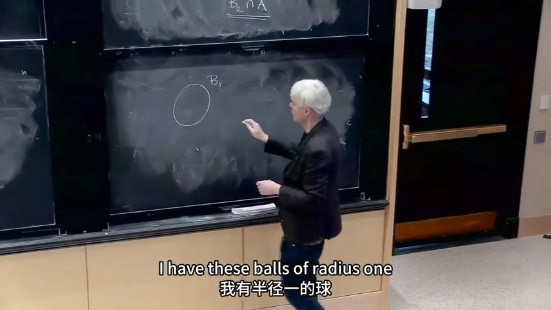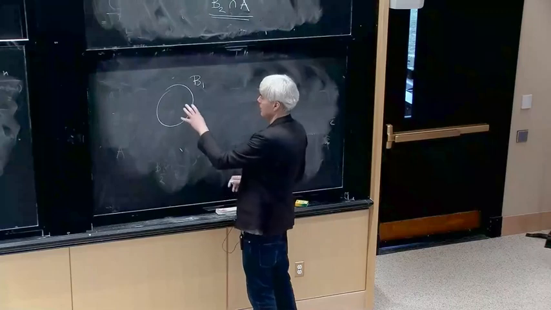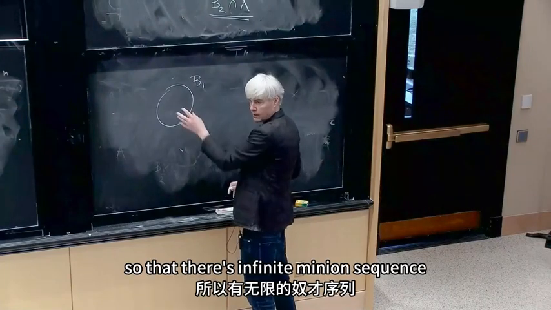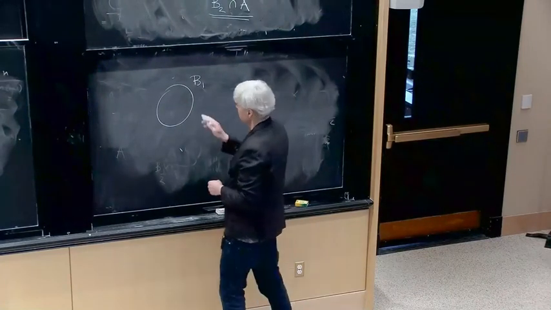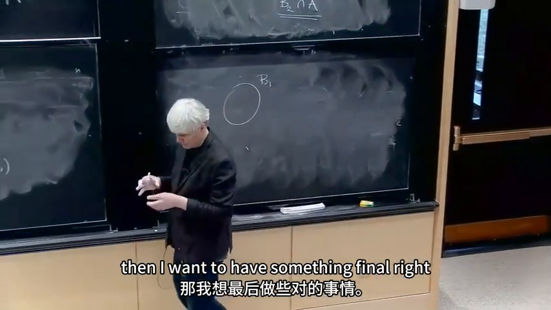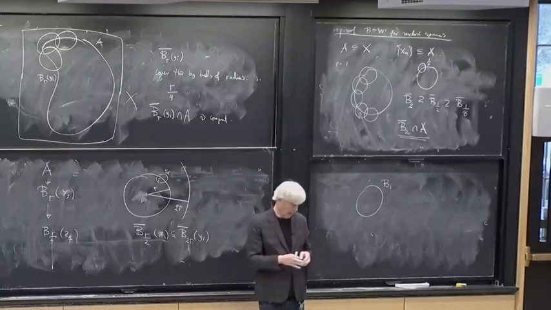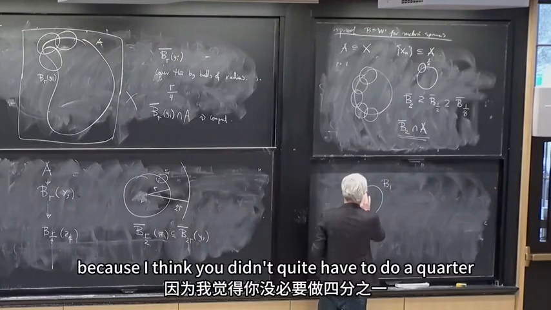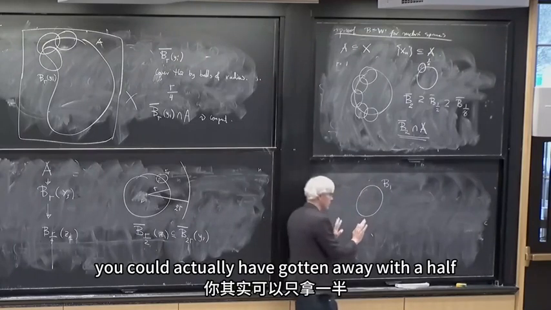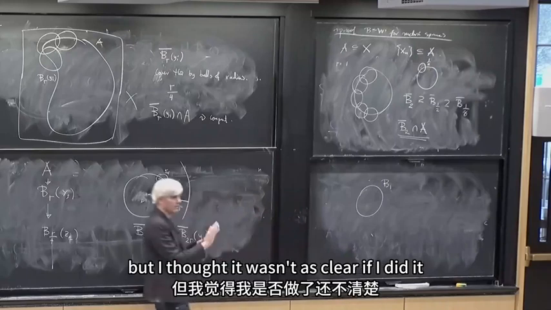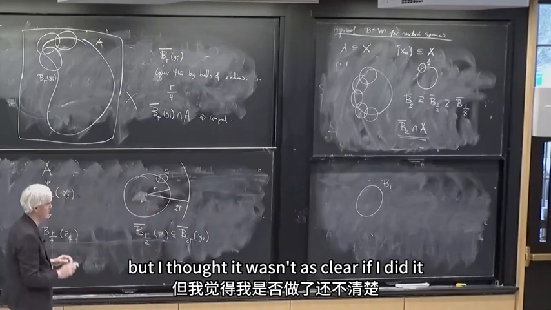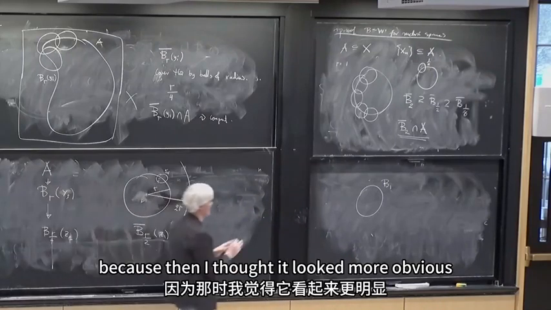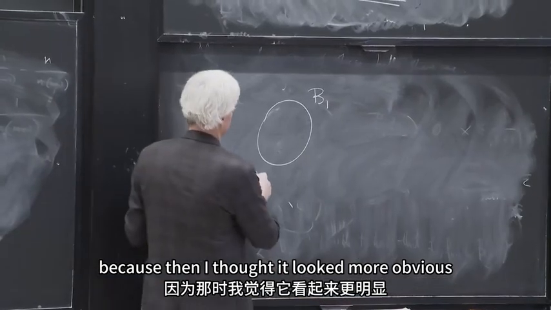I have these balls of radius 1, and I find one of them so that there are infinitely many of the sequence in it. Then I want to have something finer. I chose 1/4 because you didn't quite have to; you could have gotten away with 1/2, but I thought it wasn't as clear, so I did it with 1/4 because it looked more obvious.